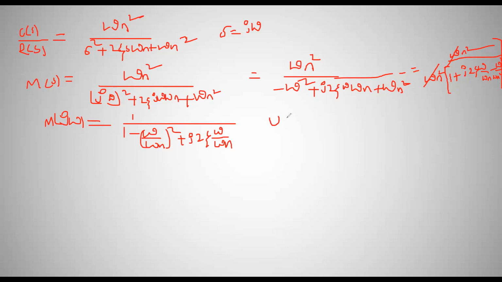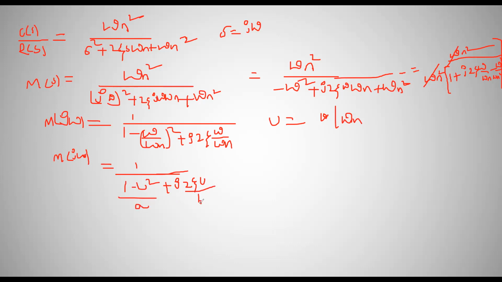So the transfer function M of j omega is equal to 1 by 1 minus u square plus j into 2 zeta u. So this is constant a, this is b.